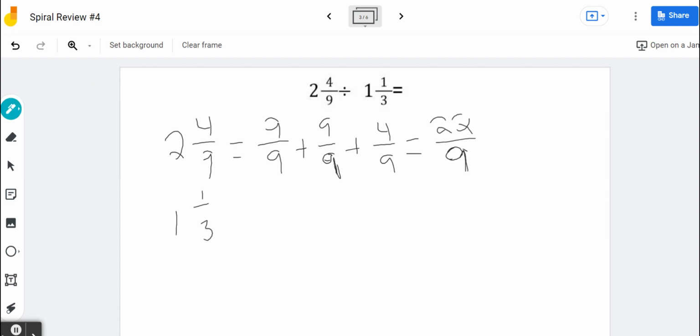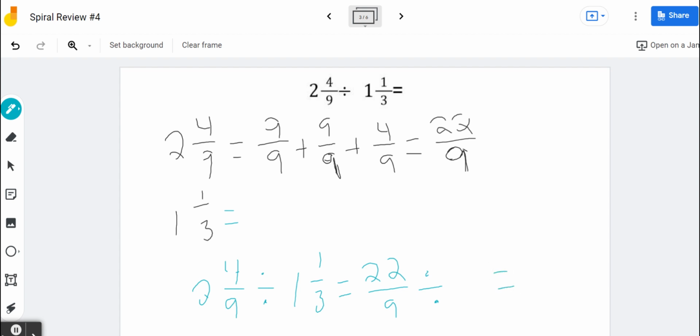And then you have, so this was the original problem. But we're going to rewrite it as this. And then there's another fraction that goes there, whatever you get for that.